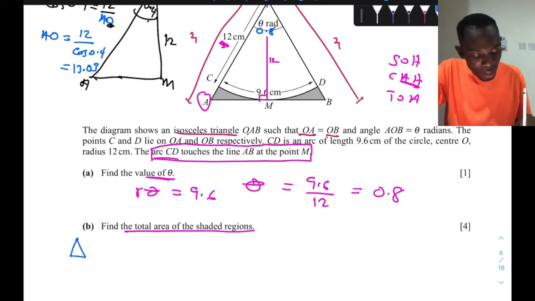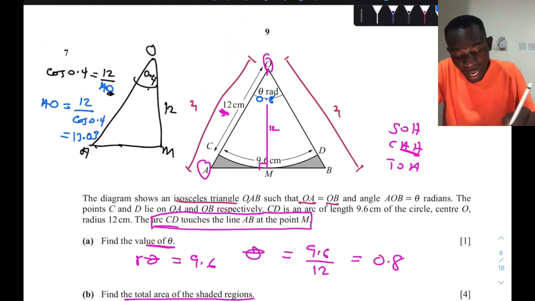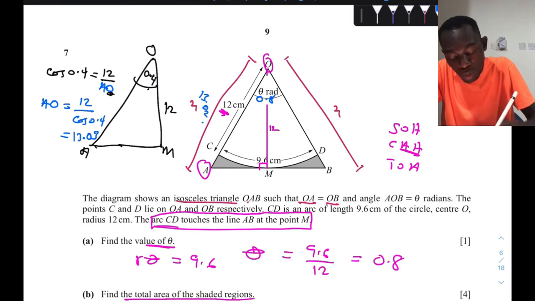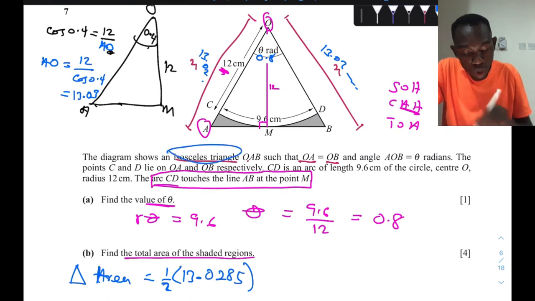So triangle area will be half of 13.0285, let me write 4 decimal places. Now remember that if this is 13.02 blah blah blah, this will also be 13.02 blah blah blah, because it is an isosceles.